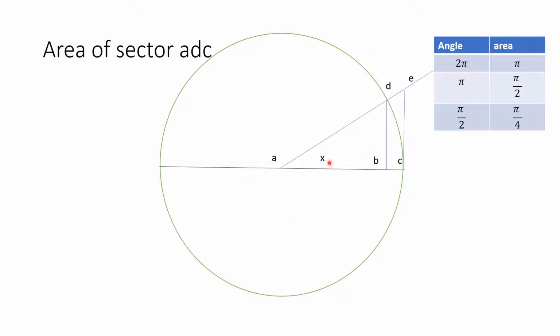What if x were half a circle, 180 degrees, which in radians is pi? The area of half of the circle would be half of that, pi over 2. And the same thing if we made x 90 degrees, which is pi over 2, the area of 1/4 of the whole circle would be pi over 4. That kind of tells us that if you ever want the area of a sector of the unit circle, just simply take the angle and divide by 2. Just like that.